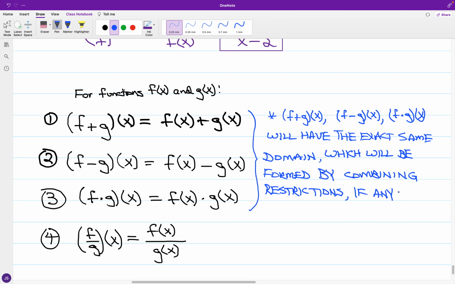So formed by combining restrictions, if any, of f of x and g of x.